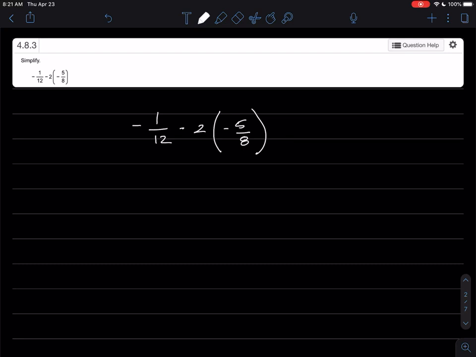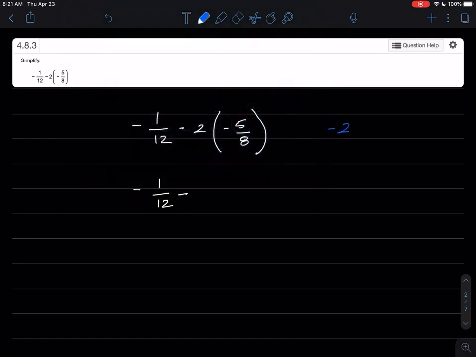So again, we'll work with the multiplication first. And remember, when we have those parentheses and no symbol in between the 2 and the -5/8, that implies multiplication. So we have -1/12 minus, in this case, we get 2 times 5/8. Let me run off to the side here and work that.